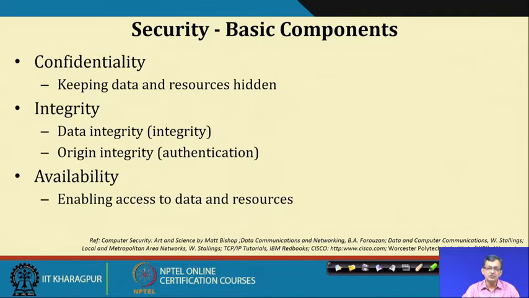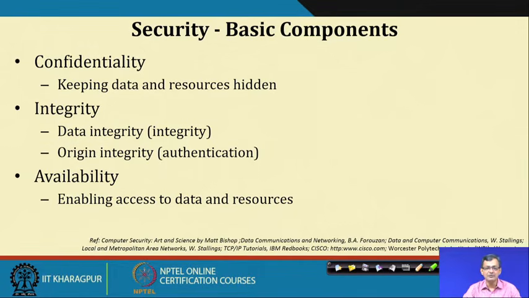Say there is nobody looking at the data, nobody tampering with the data, and a message is coming, but in some way or other I do not make the thing available to you. Like, if there is an attack by which you cannot access the internet, otherwise everything is working fine, there is no question of integrity or confidentiality, but the internet is not accessible due to some problem.